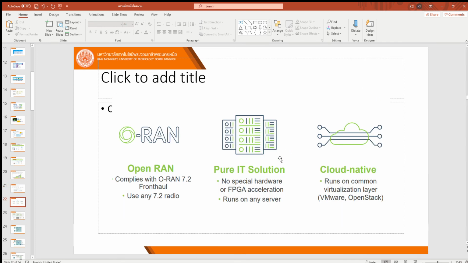So this is our plan to use and to study the 5G network. That means we have to implement the 5G core network first. Then we can do optimization, and try to increase the performance in the future.